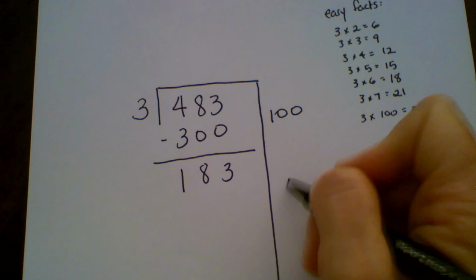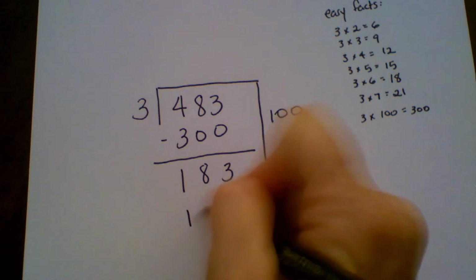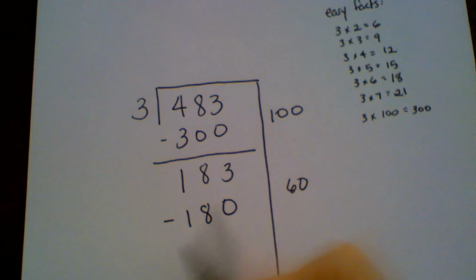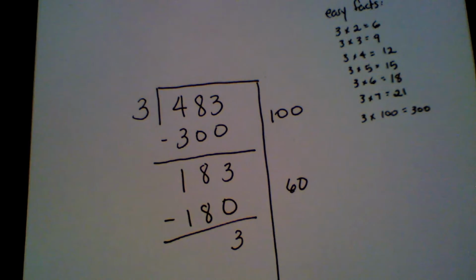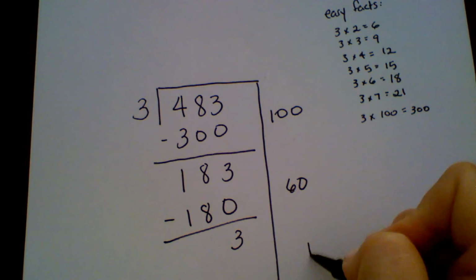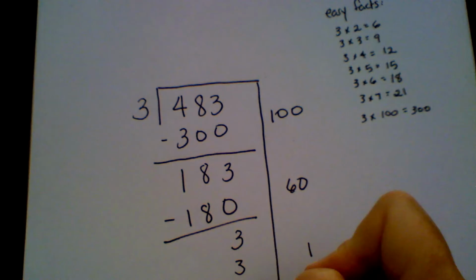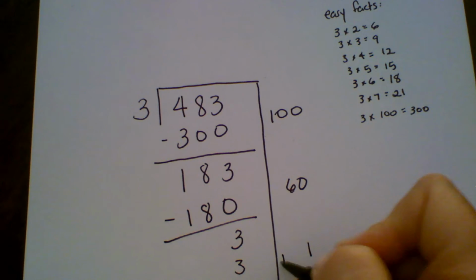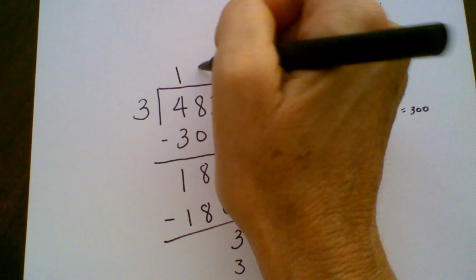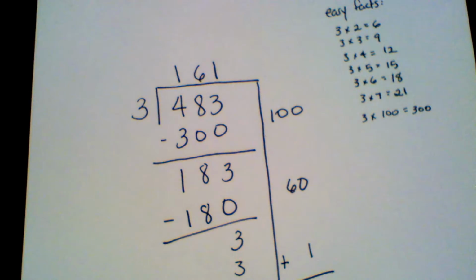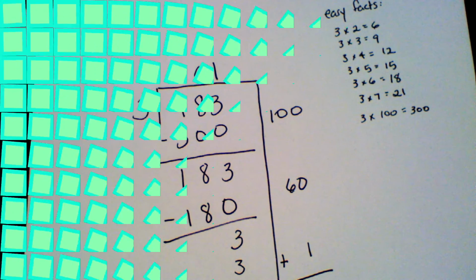Well, I know 3 times 6 is 18, but 3 times 60 is 180. So now I subtract, and I'm left with 3. Am I done? No. 3 goes into 3 once, so we do that. 3 times 1 gives us 3. We subtract. Now we add our partial quotients, and we get 161, and there are no remainders.